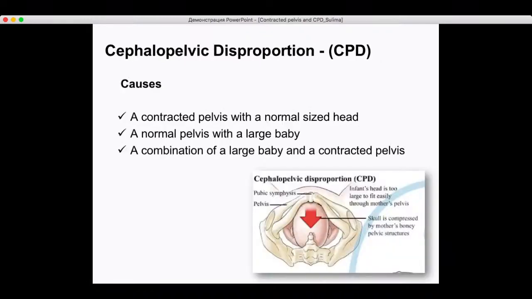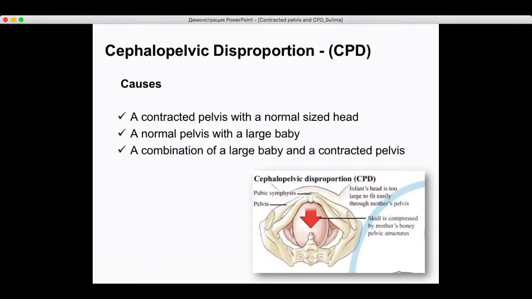The main causes of cephalopelvic disproportion: a contracted pelvis with a normal-sized fetal head, if we have one of the forms of contracted pelvis.